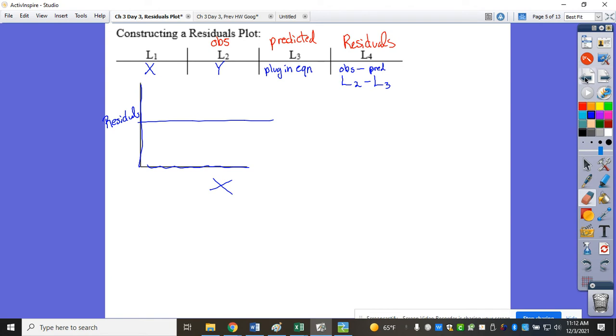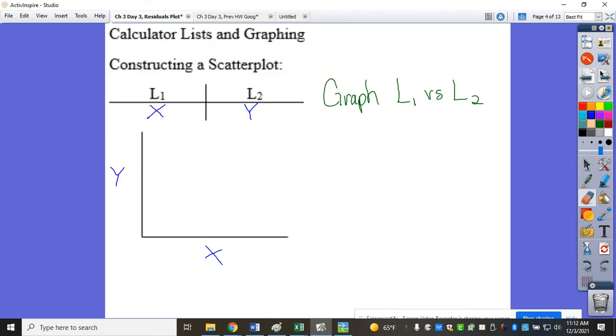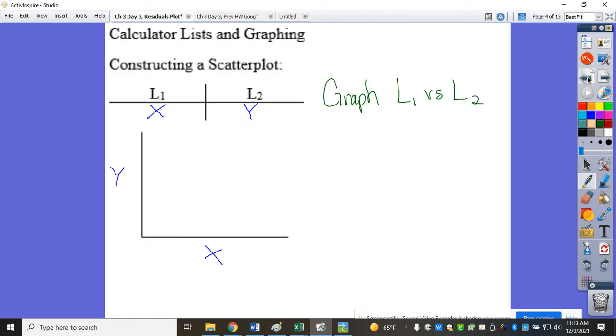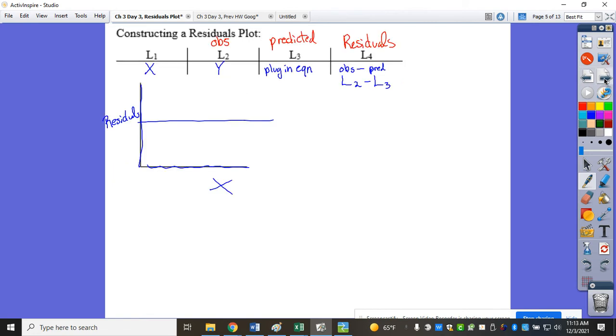So off to the side, like I wrote here, you would graph list 1 versus list 4. There, I wrote, to get a scatter plot, you graph list 1 versus list 2. But to get list 4, we did list 1 versus list 4.